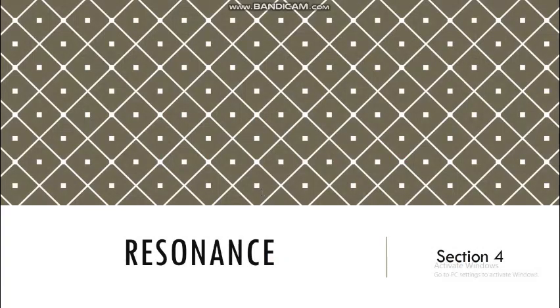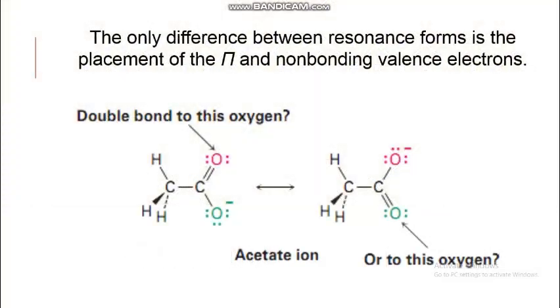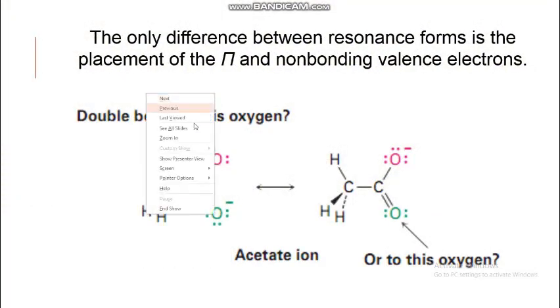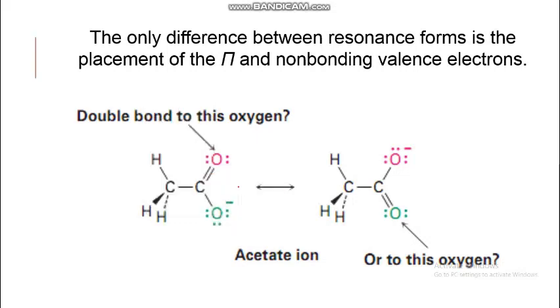So, most substances can be represented unambiguously by the Kekulé line bond structures that we've been using up to this point. However, there's an interesting problem that sometimes arises. Now, for instance, let's have the acetate ion.